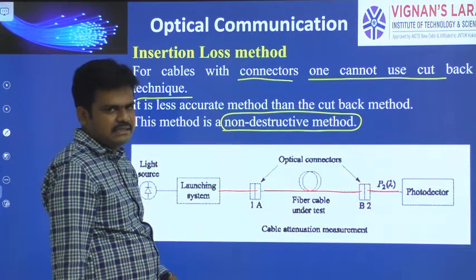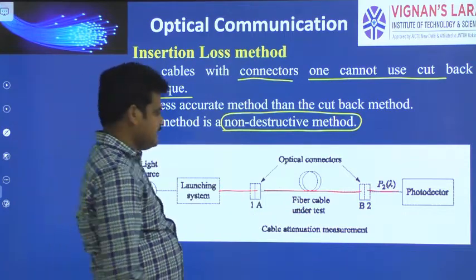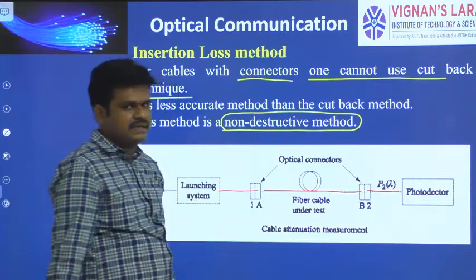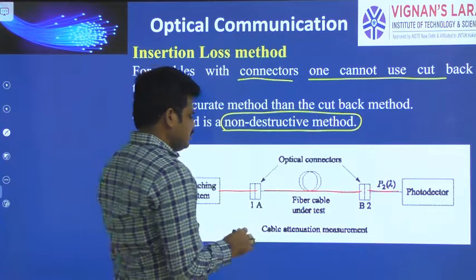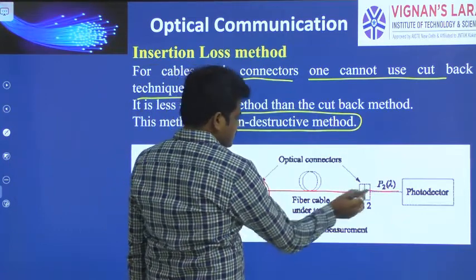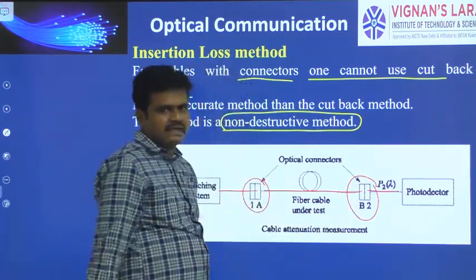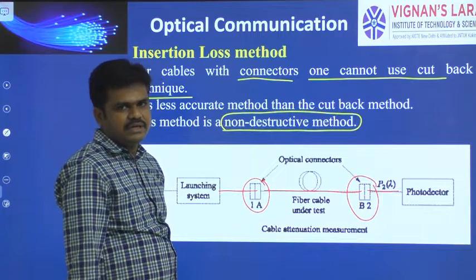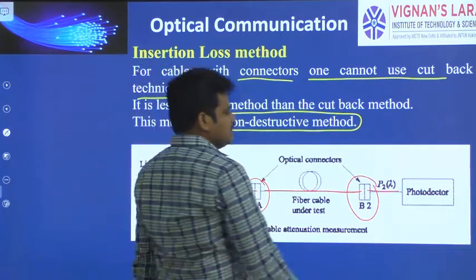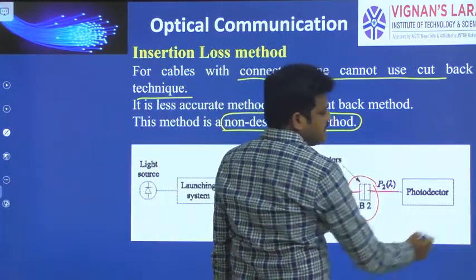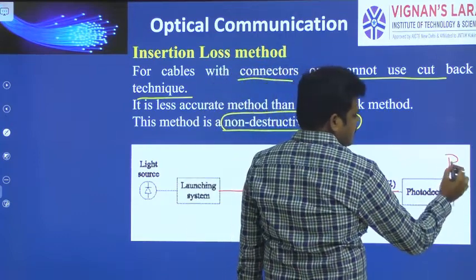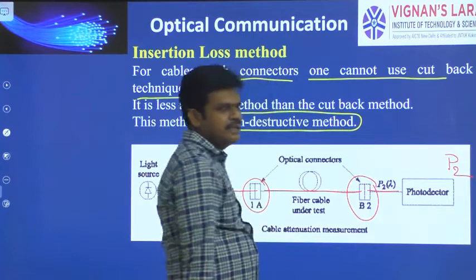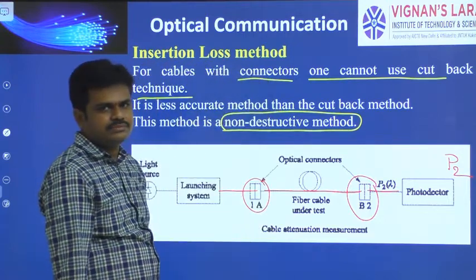We connect the optical source and the optical detector using the fiber cable. This fiber cable may or may not consist of connectors, whatever it may be. Now measure the power at the receiver or the photodetector and name it P2.